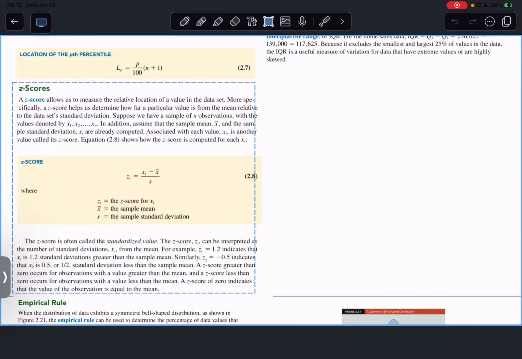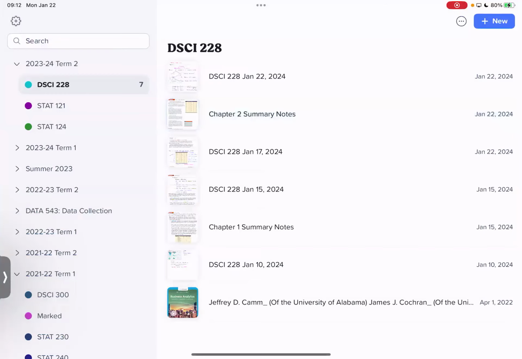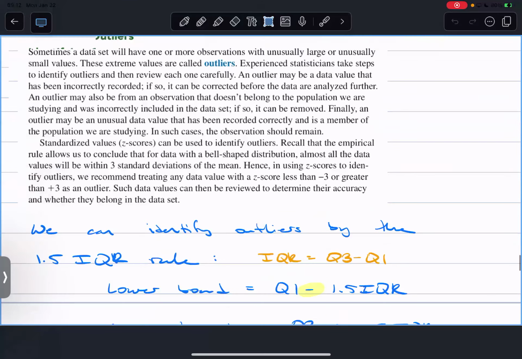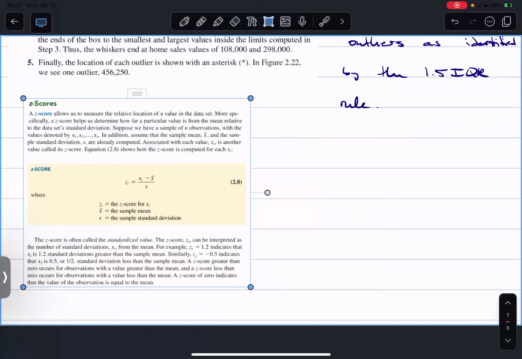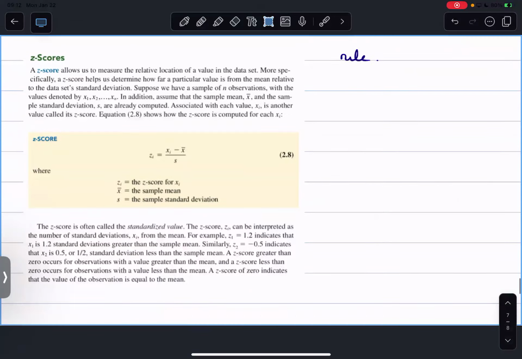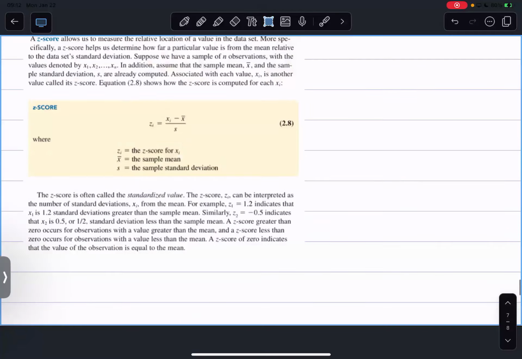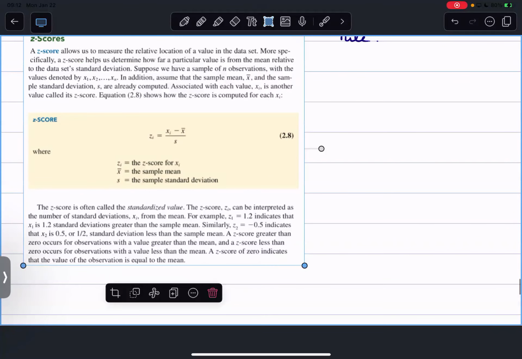Kind of a more modern way of finding outliers is by standardizing values. So Z-scores are used quite commonly. Let's see here.